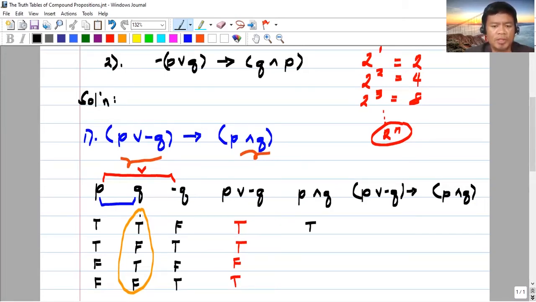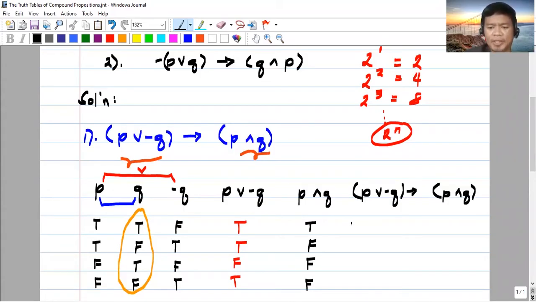Okay, so that's the only one that we have a true statement for P and Q. Otherwise, we have false. So false and true is false, false and false is false. Okay, so that is the possible values for the expression P and Q.